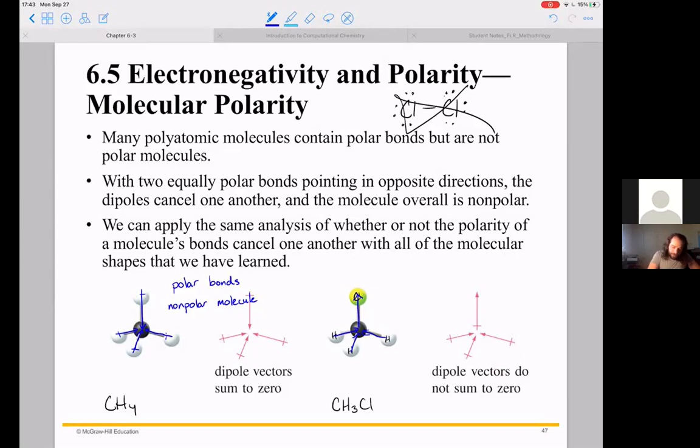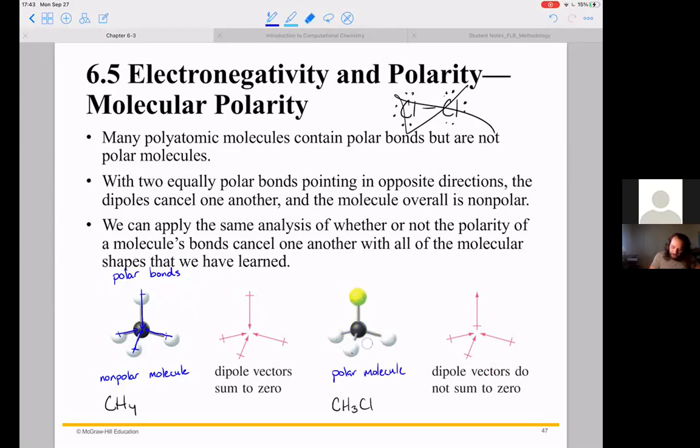So what does that mean? What's the difference between a non-polar molecule, for example methane, which we said was non-polar even though it had polar bonds, versus this, which is now a polar molecule?